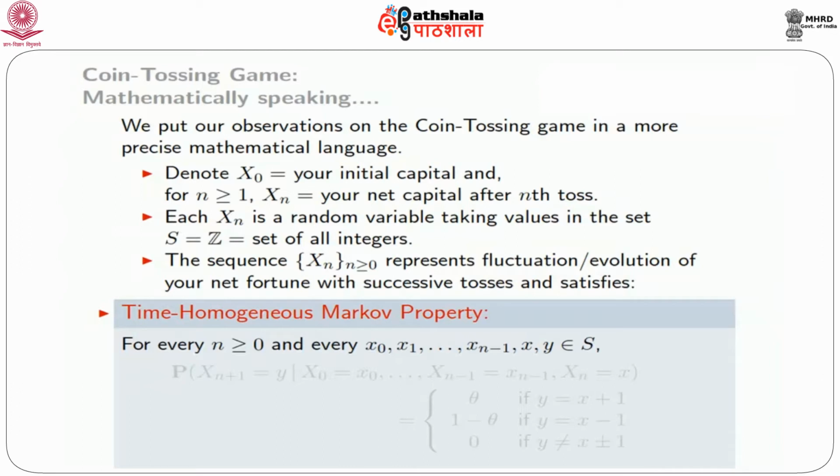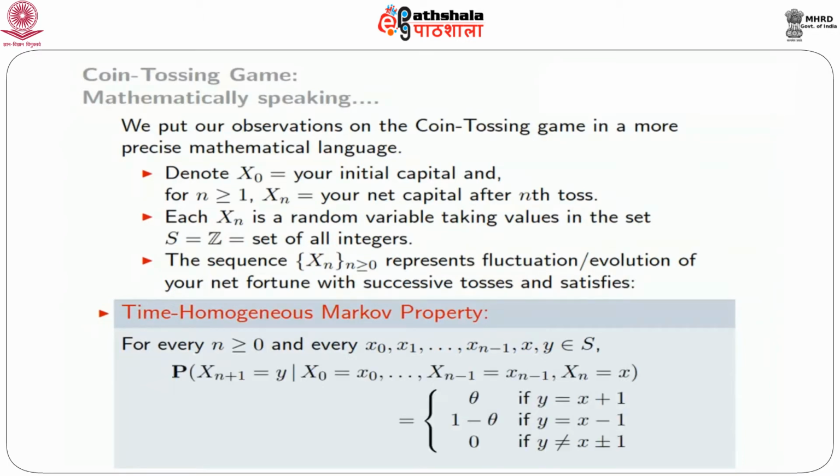and for every x0, x1, ..., xn minus 1, x and y in S, which in our case is the set of integers, the conditional probability that Xn plus 1 is y given the past, namely X0 equals x0, ..., Xn minus 1 equals little xn minus 1, and capital Xn, that is the present fortune, equals x, that conditional probability is theta, 1 minus theta, and 0, according as whether y is x plus 1 or x minus 1, or y is neither x plus nor minus 1.